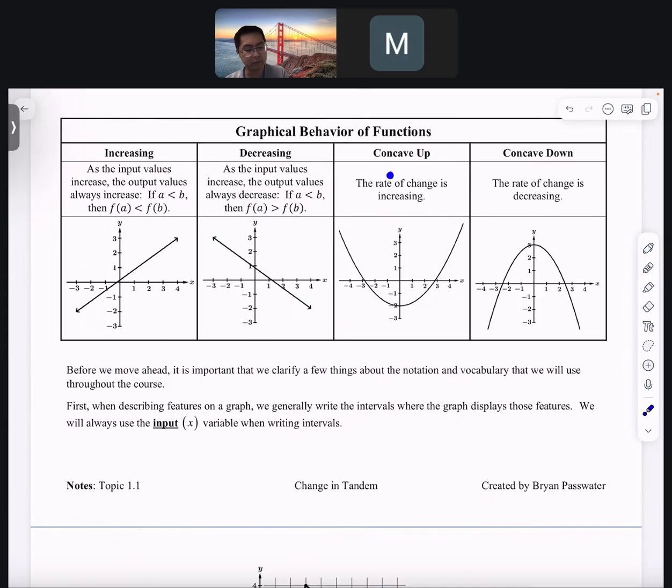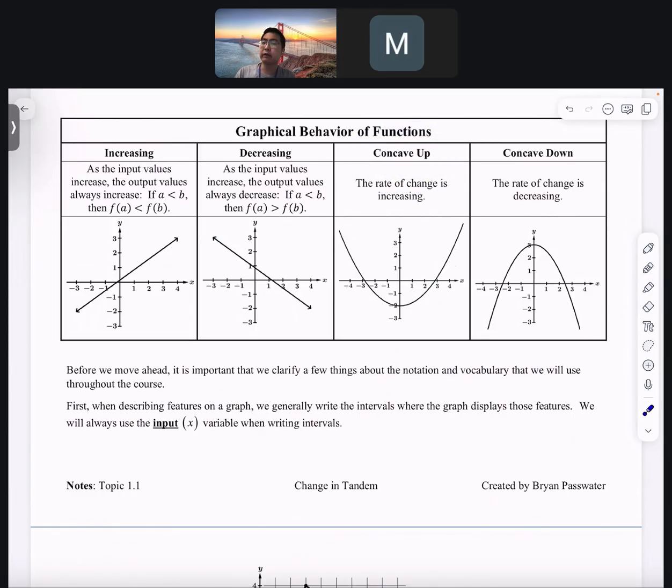This is where the verbiage you guys have to get used to, right? And we've been talking about this. If the rate of change is increasing, meaning as you look at these slopes, -2, -1, 0, 1, and 2, the slopes are increasing over time. So whenever you see the phrase rate of change is increasing, you should always think concave up.